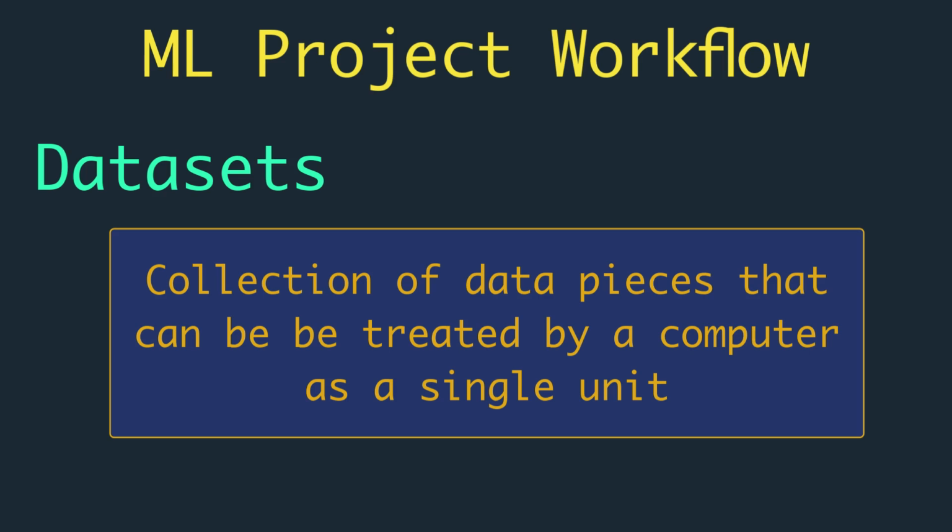In other words, a dataset corresponds to the contents of a single database table or a single statistical data matrix, where every column of the table represents a particular variable and each row corresponds to a given member of the dataset in question. Great. There are several steps under this stage.